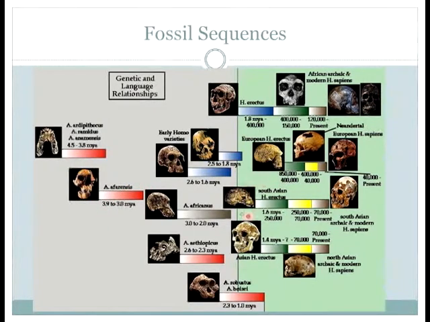You can see South Asian Homo erectus at 1.6 million years ago. You can see Neanderthal here, roughly 400,000 years ago. You can see North Asian archaic and modern Homo sapiens, African archaic and modern Homo sapiens. So we've got all of these different fossils represented.